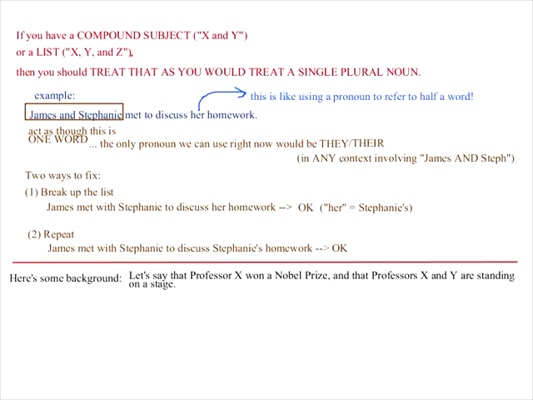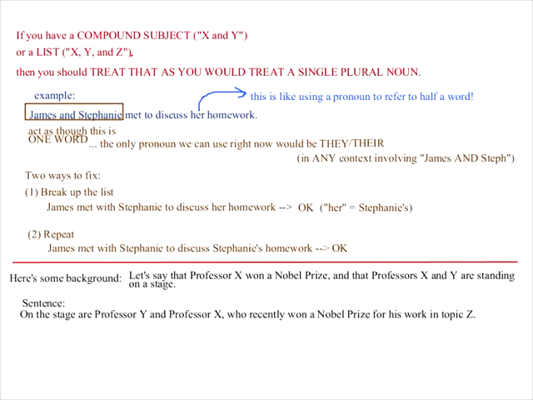Okay, there's your context. Here's your sentence. On the stage are Professor X, Professor Y rather, who recently won a Nobel Prize for his work in topic Z.